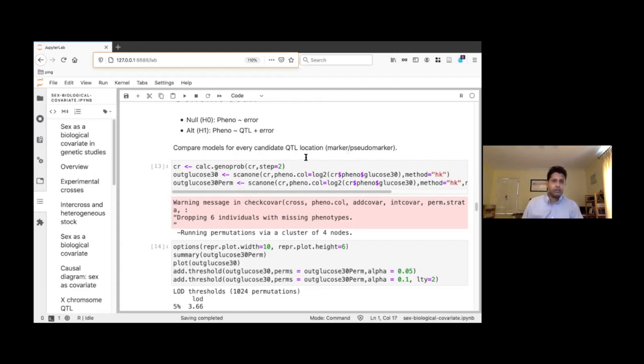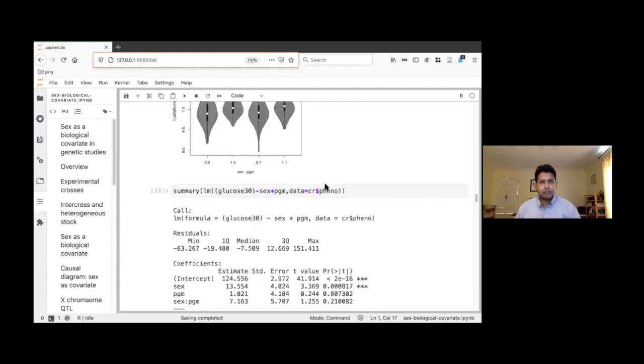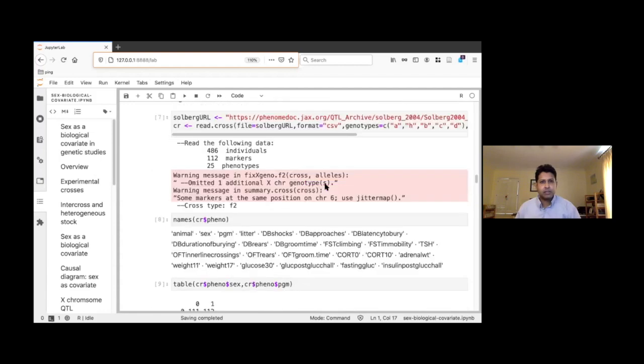So we can do that in this case. Let me run this code again.